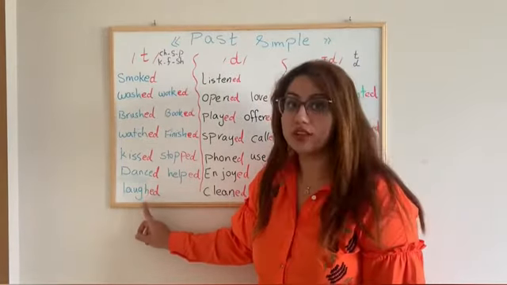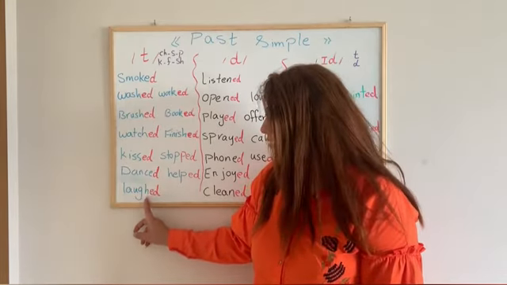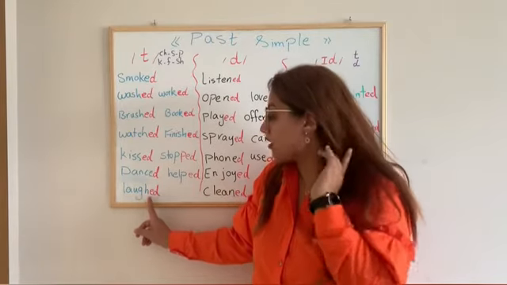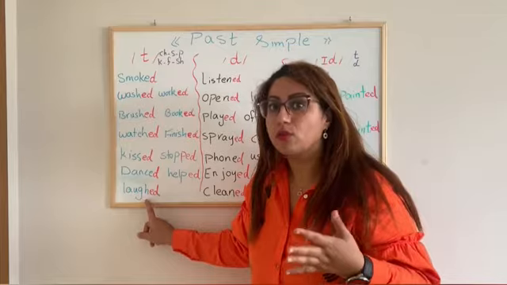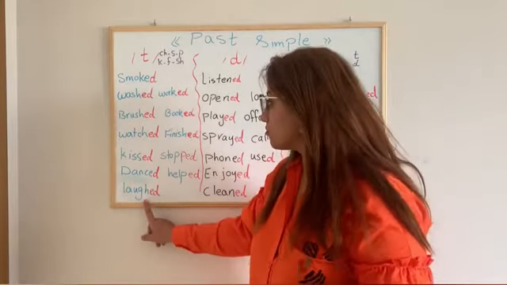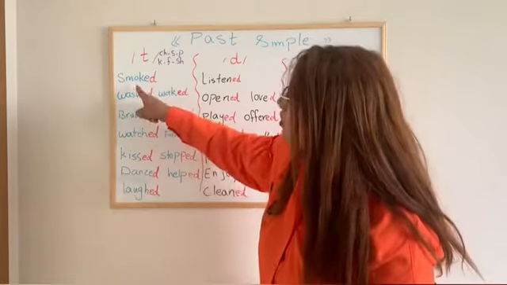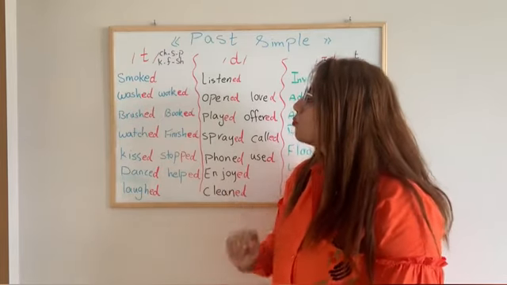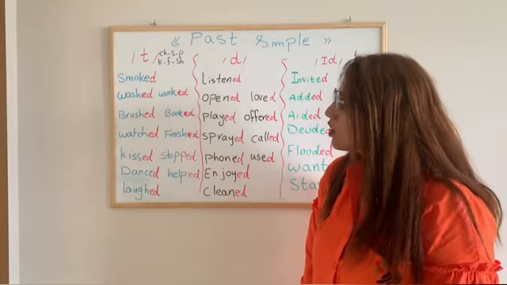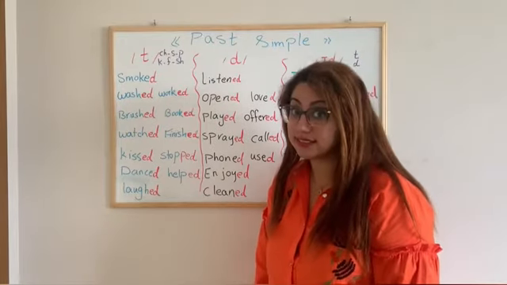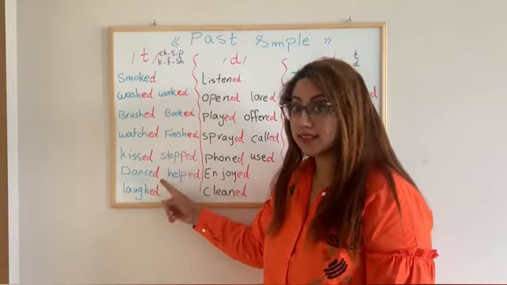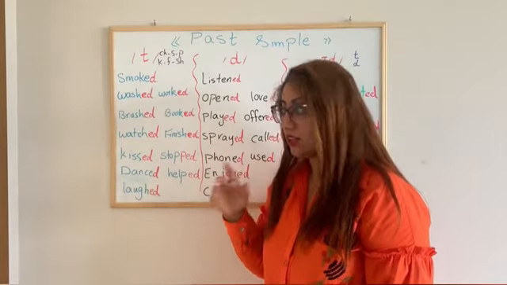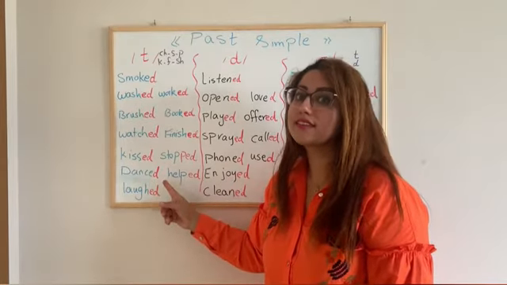We see GH as the last letters, but we hear F. So if I add ED, we say laughed with a T sound. Let's read. Smoke, smoked. Wash, washed. Brush, brushed. Watch, watched. Kiss, kissed. Dance, danced. We have C here, but the sound is S, not K. So we pronounce T, danced.